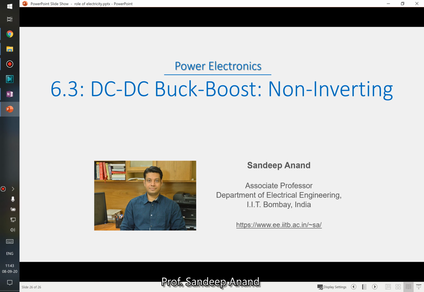So the polarity of the output was negative with respect to the polarity of the input, which might limit its usage for some applications where the output polarity is also supposed to be in the same direction. So now we'll see another circuit wherein the output polarity is the same as the input voltage polarity.